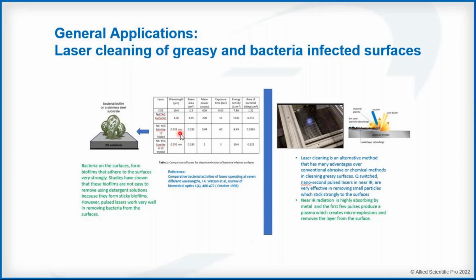You have the UV and near IR, and they compared the performance, and it turned out that both the YAG laser at 1.06 and CO2 lasers are very effective in removing bacteria from the surfaces because they form sticky biofilms on the surfaces, and it's hard to remove them with detergents. It's easier to remove it with the laser cleaner than with the detergents. It's also more effective.